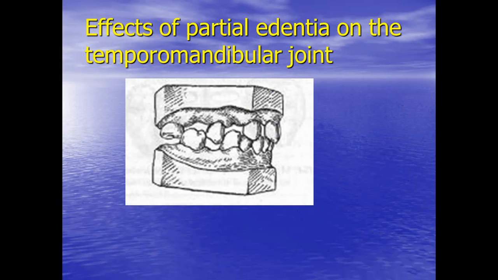Okay, so the next effect of partial edentia is associated with the problems of the temporomandibular joint. First of all, the teeth which are displaced in the way that was described previously as the Popov-Godon phenomenon will make an articulation block.